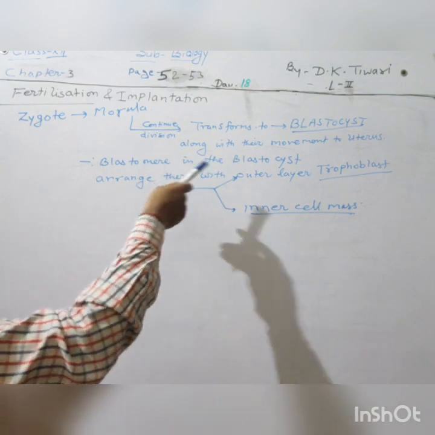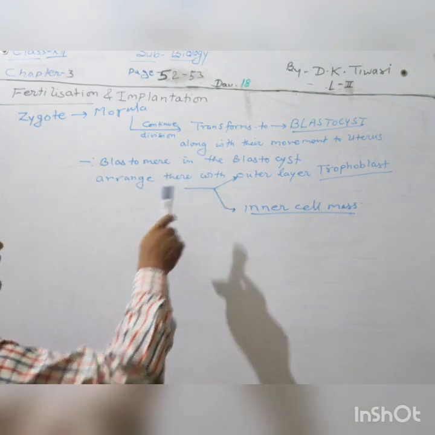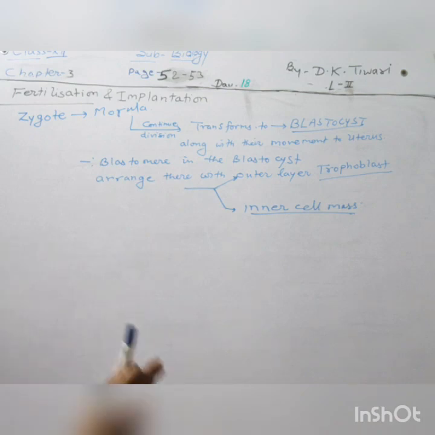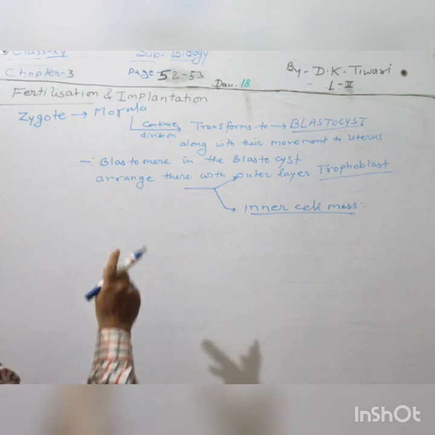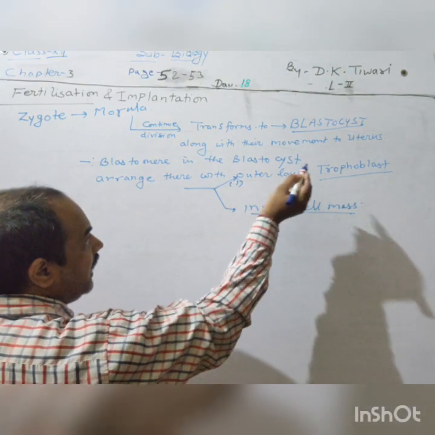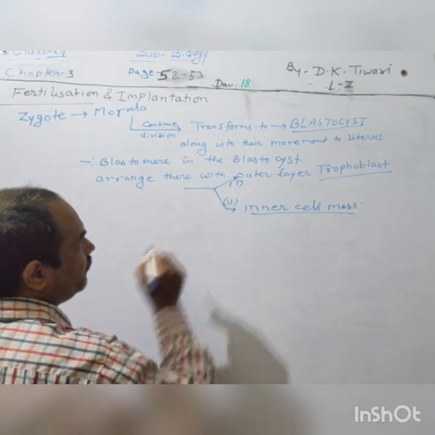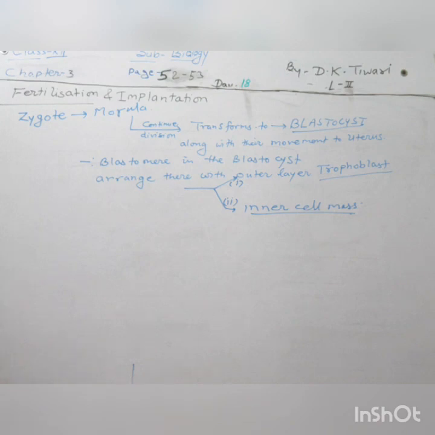Now modification will take place, and the blastomeres of the blastocyst are getting rearranged. What arrangement is there? Their arrangement makes two distinct layers. The first one is the outer trophoblast layer, and the second one is the inner cell mass.